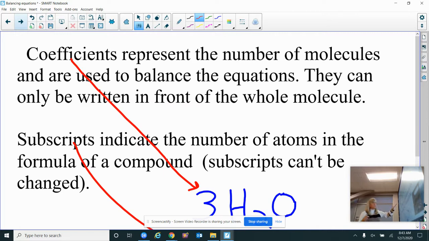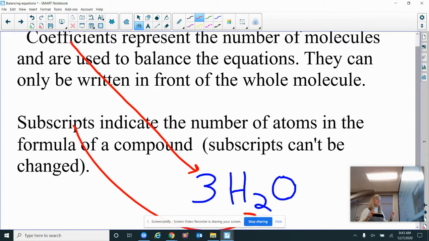So again, coefficients, they're the big number. They're in front of the molecule or the atom, and they can only be written in front. You can't write them in the middle if you need to change the number of atoms of something.